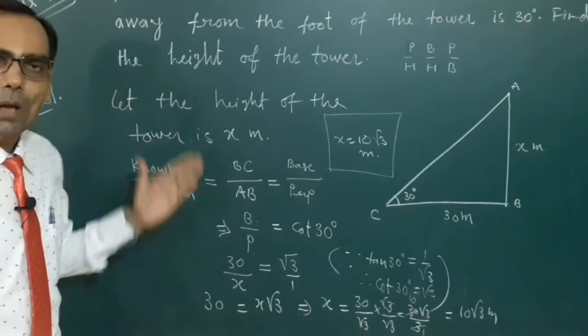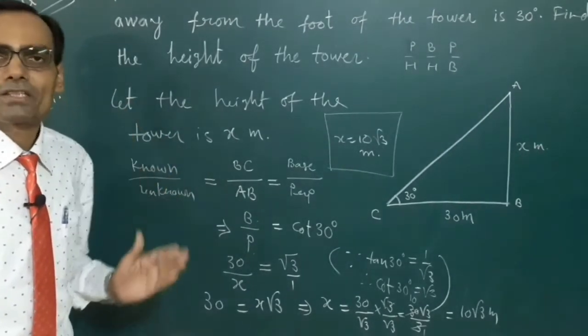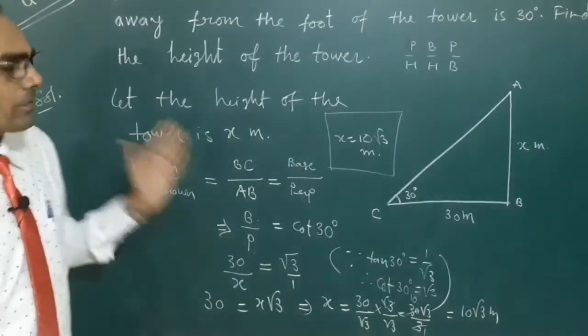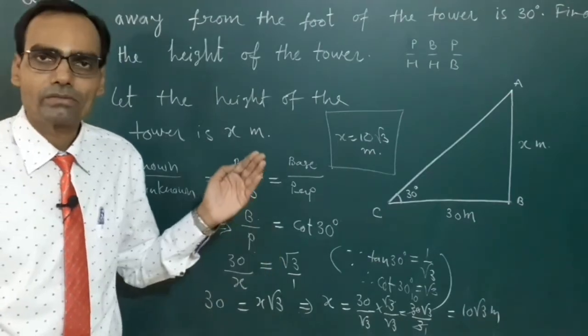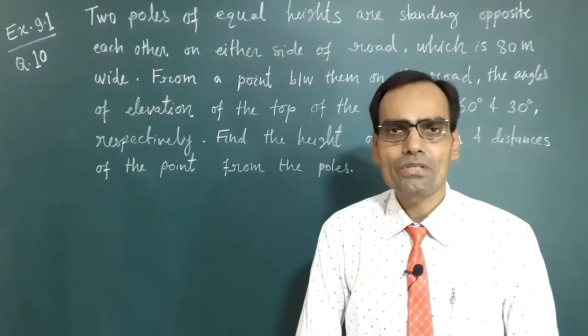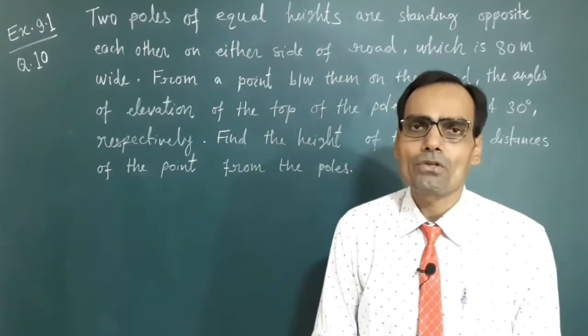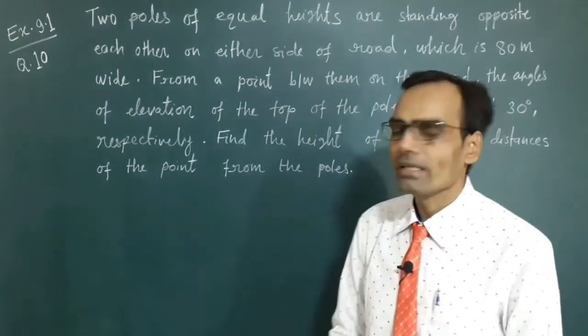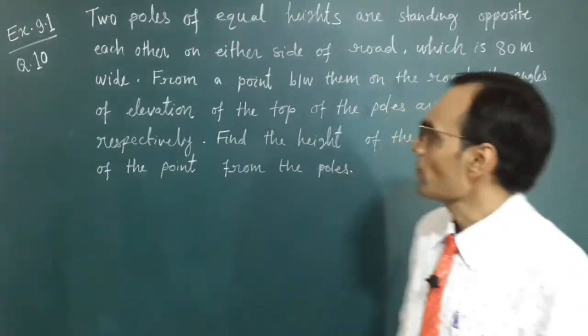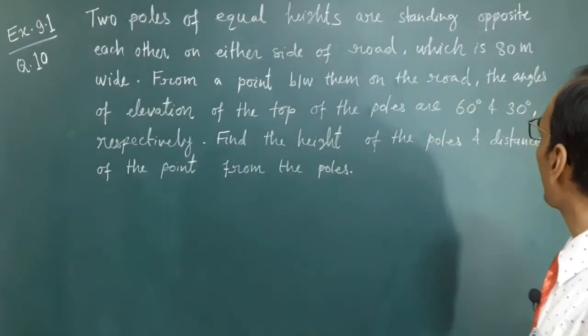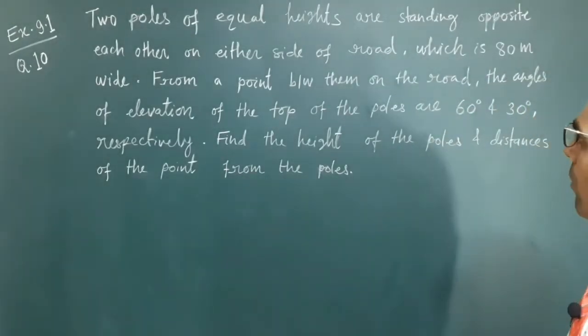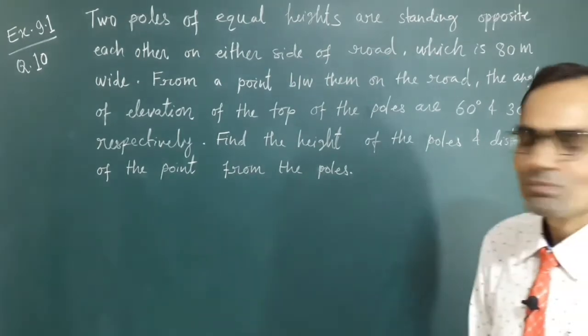That is the basic problem based on the applications of trigonometry, and after that we will take some more problems based on this topic. Now the next question I am taking is question number 10 of exercise 9.1. The question is that two poles of equal heights are standing opposite each other on either side of a road which is 80 meter wide.